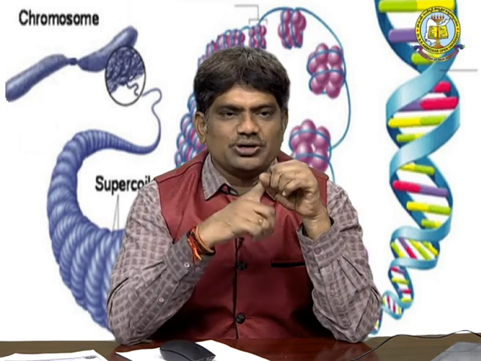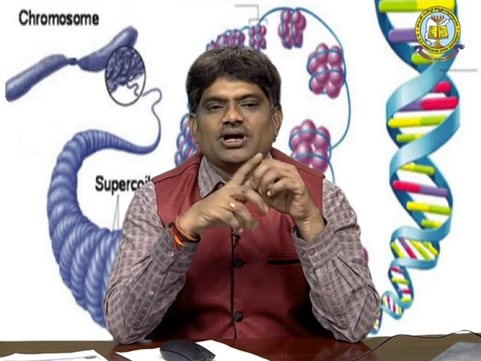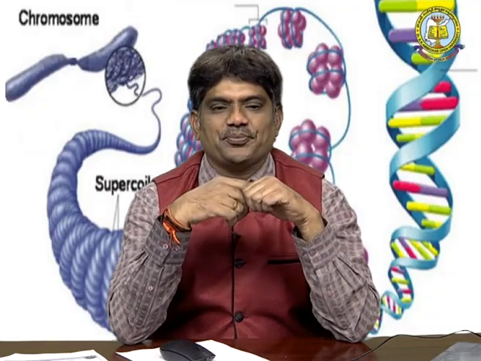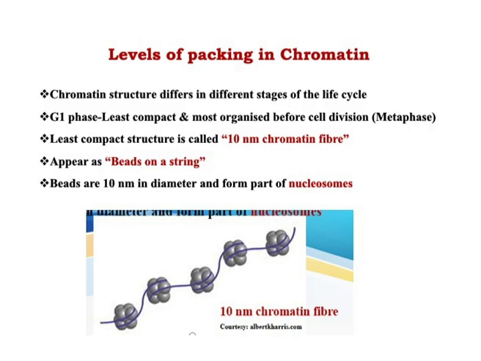H2A, H2B, H3 and H4, these four combine with the DNA, whereas the H1 protein is a linkage protein. It links between the two beads, interconnecting them, so that it forms a chain-like structure, a chain having beads.